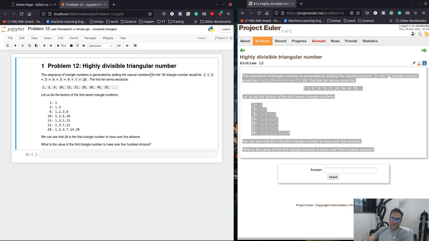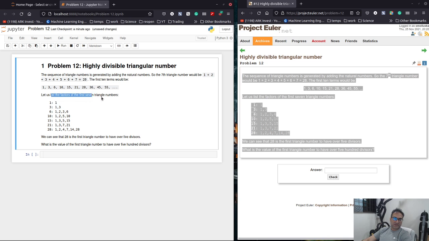So the seventh triangle number would be 1 + 2 + 3 + 4 + 5 + 6 + 7, which is equal to 28. The first term would be 1, 3, and so on. The first 10 terms would be something like that.